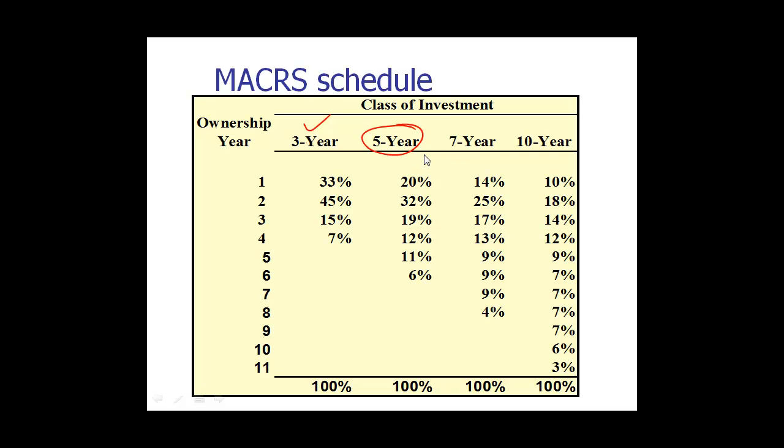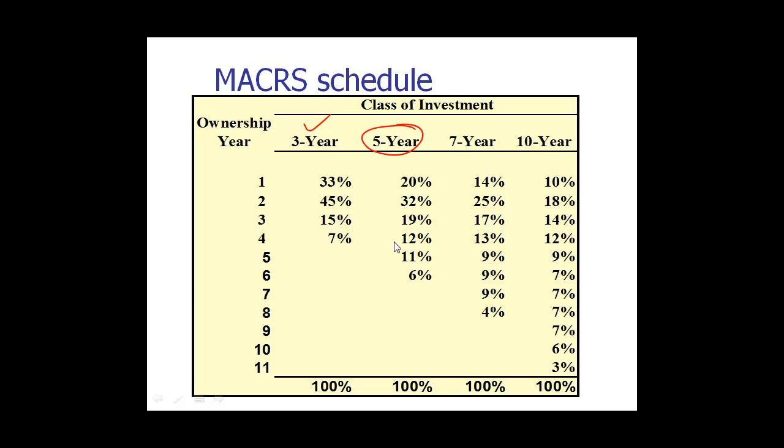Do you remember the example that we did in the previous class, or 2 classes ago? We had depreciation expenses for equipment, and in the first year we used a percentage of 20% depreciation, in the second we used 32% and so on.